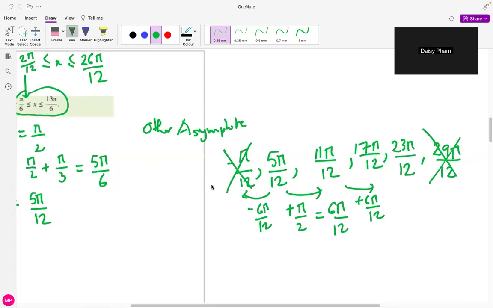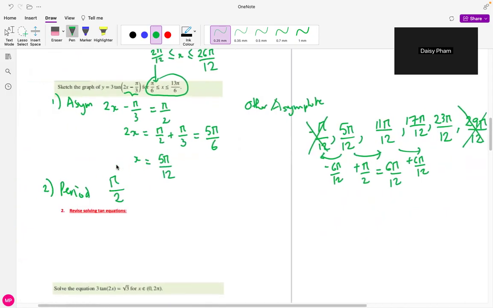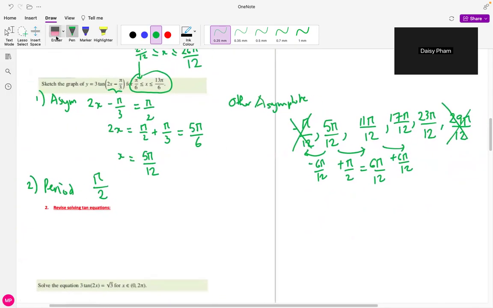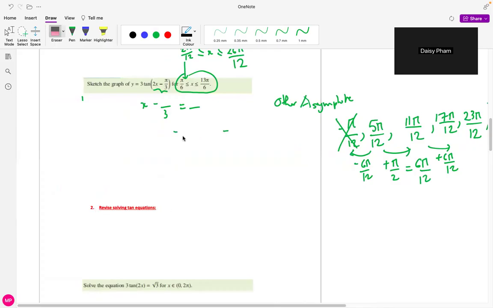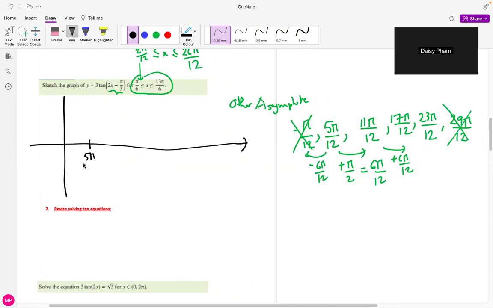All right, so now we're going to put these asymptotes on the graph. I'm going to rough these out. So we have 5π/12 as one of our asymptotes.